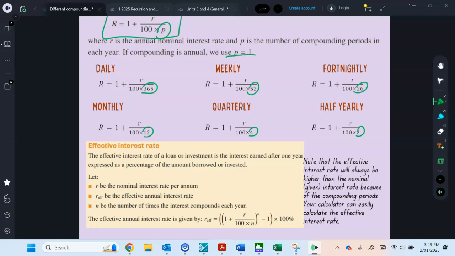Now that is what we call our nominal interest rate. So that nominal interest rate is kind of like the advertised rate. What it actually works out to be is your effective interest rate. And your effective interest rate depends on how many compounding periods you have.